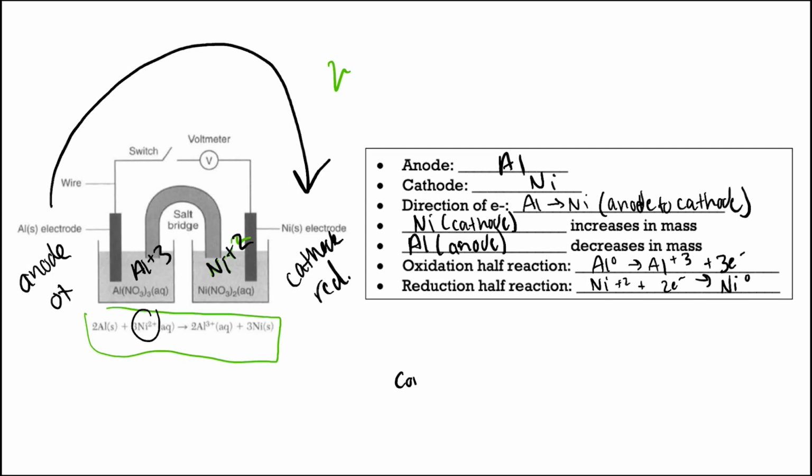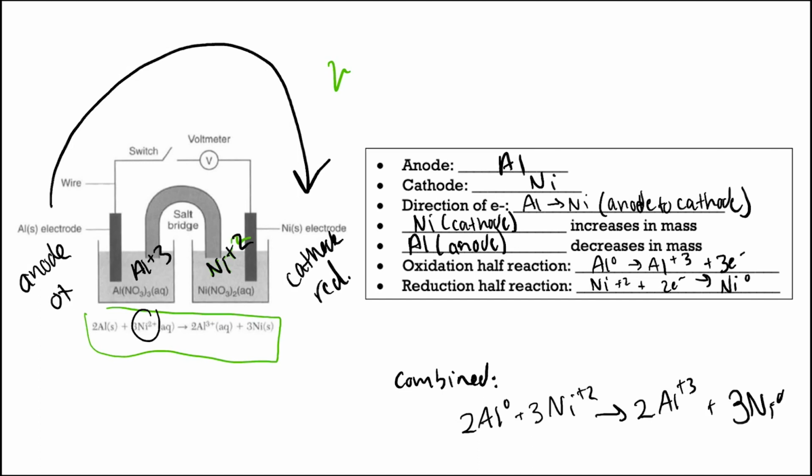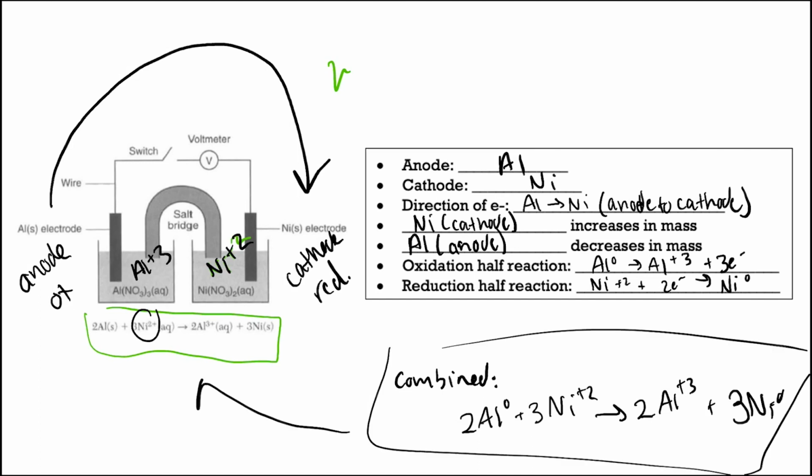And if you wanted the combined reaction, it is 2 aluminum plus 3 Ni plus 2 gives you 2 Al plus 3 plus 3 Ni 0. But again, they already gave that to you, but you can kind of see how that works.